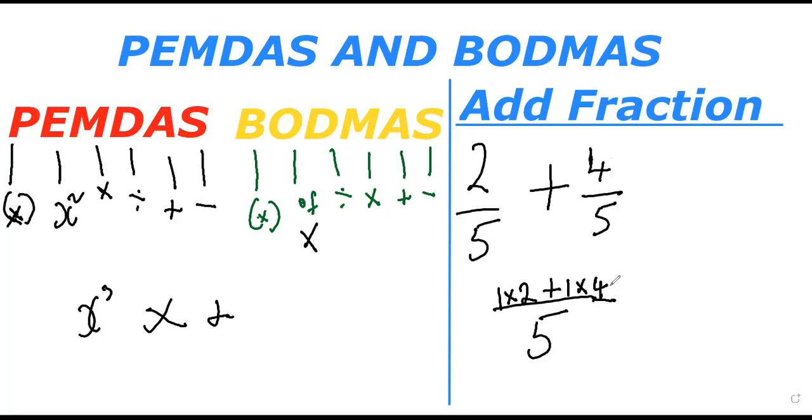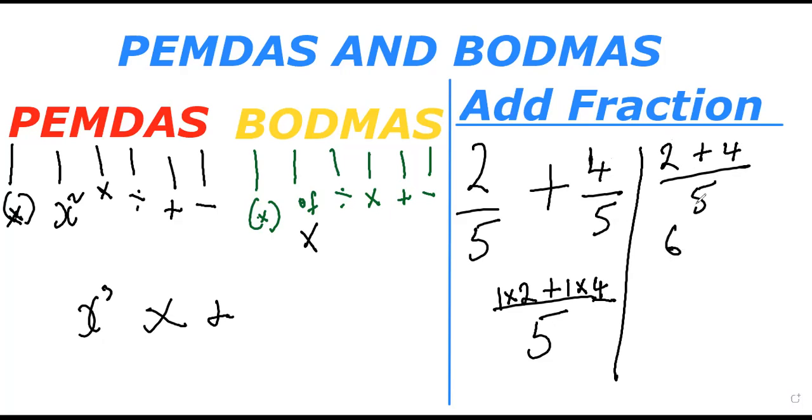So what are we going to have here? We're going to have 2 plus 4 over 5. So right here, we have the numerator, which is 2 plus 4, which is 6.